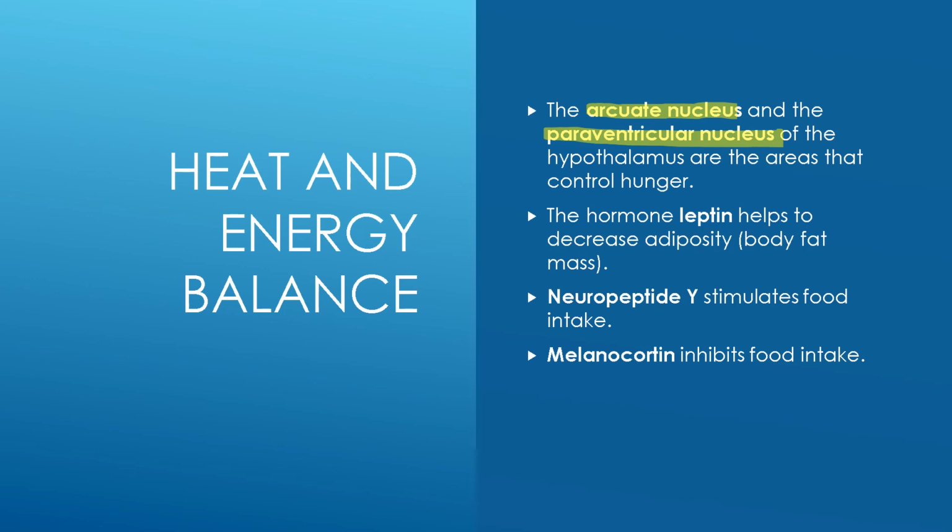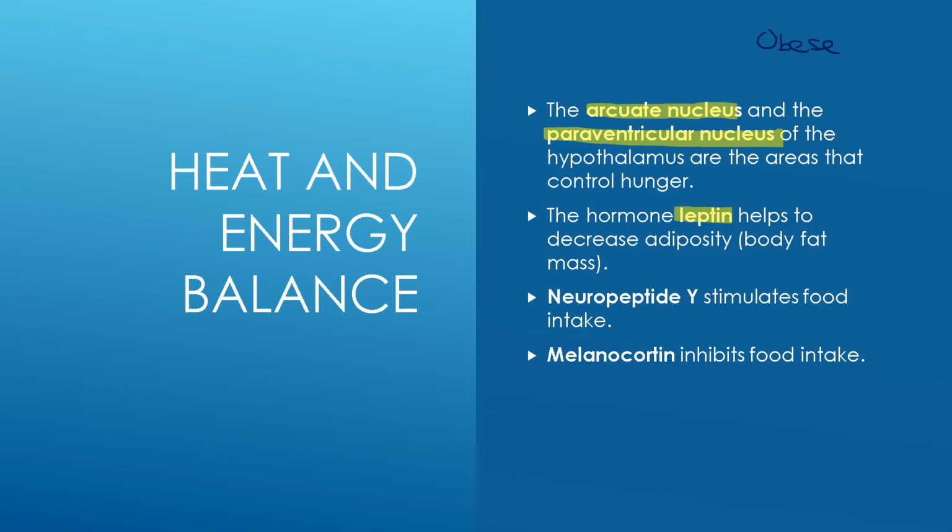Now there is a gene that we found in mice, and it's actually called obese. This gene causes overeating and severe obesity in its mutated form. The product of this gene, the protein that it codes for in its non-mutated form, is the hormone leptin.